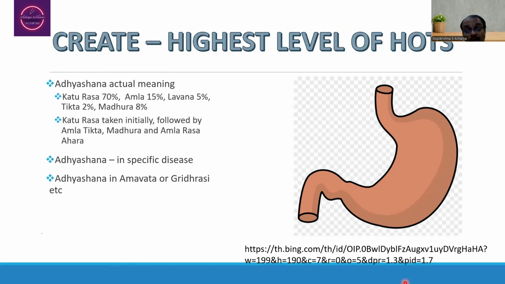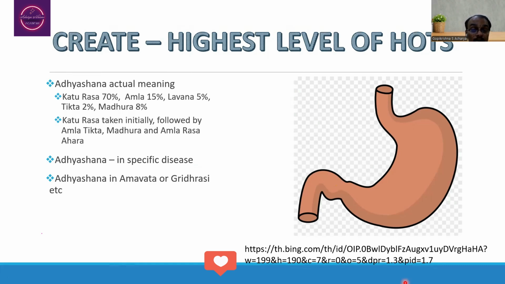The highest level of higher order thinking skills is create. So that is considered the next order, the highest level of higher order thinking skill. Here the total Adhyashana itself can be properly understood.